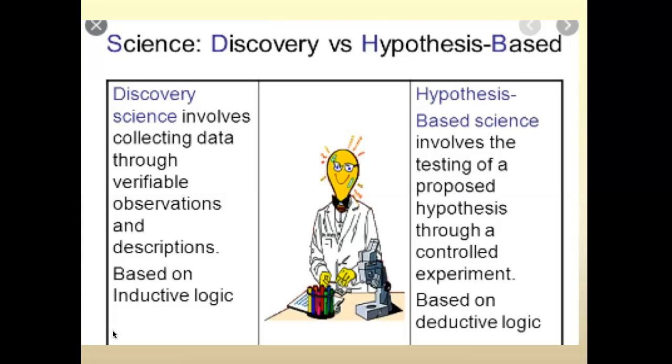So if you look at Roman numeral 2, the process of science, in your outline, you can see there's an A and a B. A is discovery science, and B is the scientific method. And underneath each of those topics, we have subtopics.